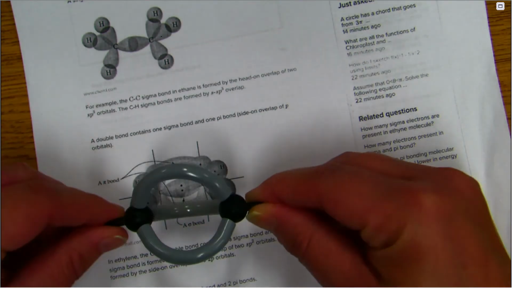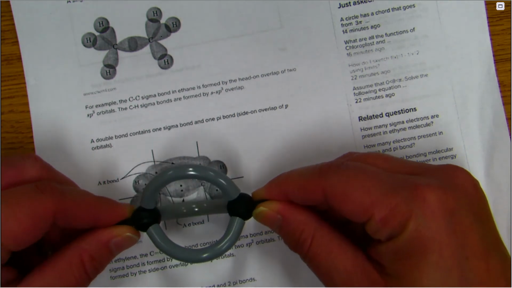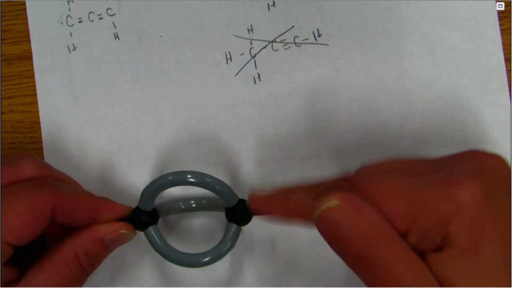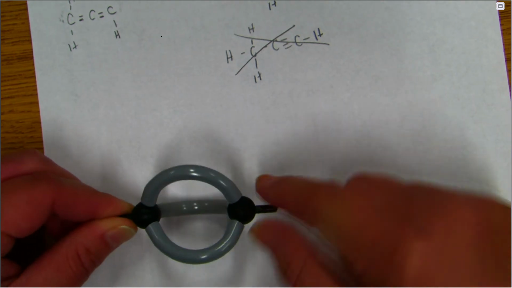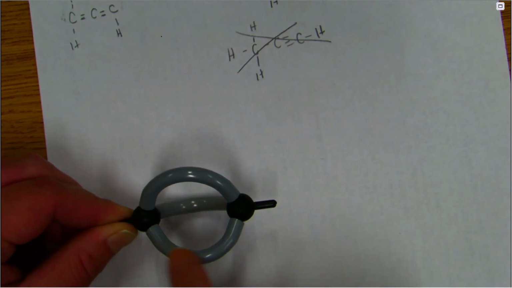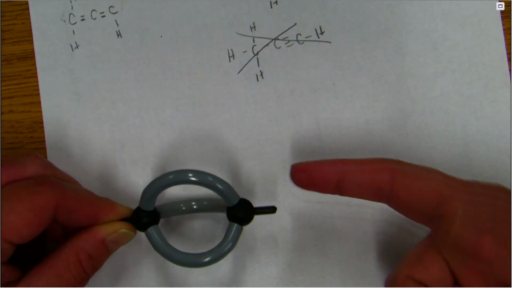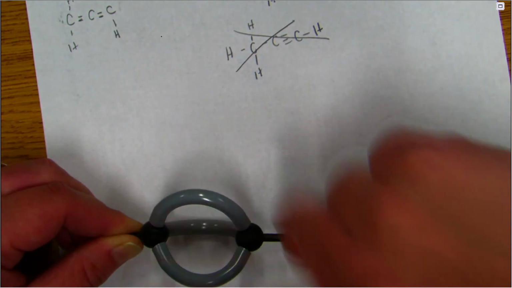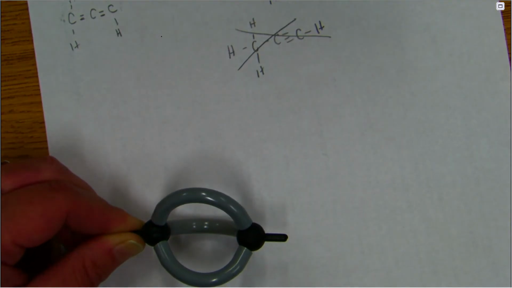So if we look here at my diagram, I have my overlapping of the side orbitals right here. These are both pi bonds, and then this bond down here is my sigma bond. So a single bond has one pi.